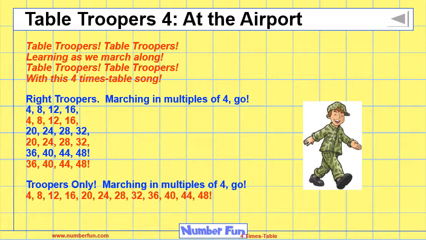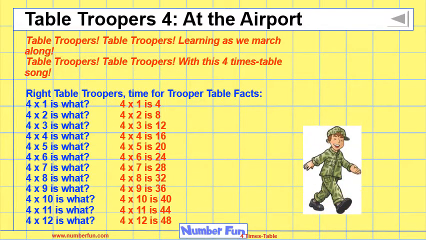Troopers only, marching in multiples of 4. Go! 4, 8, 12, 16, 20, 24, 28, 32, 36, 40, 44, 48. Table troopers, learning as we march along. Table troopers, with this 4 times table song.